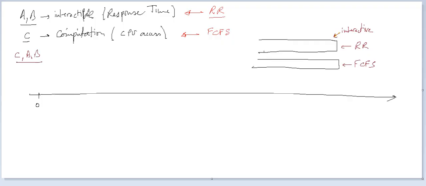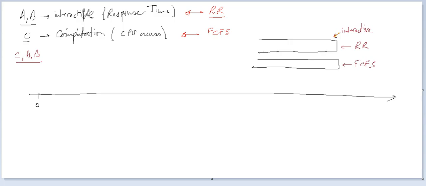When you start running these processes, the question that comes to mind first is, to which queue should we add these three processes? Because the system doesn't know that C is a computation process and that A is an interactive process, since when you run your own processes, you never tell the system. So the system has to figure that out on its own.